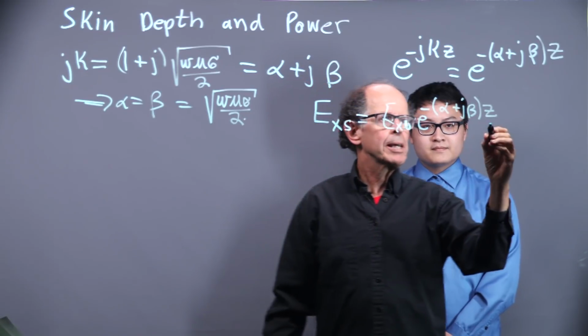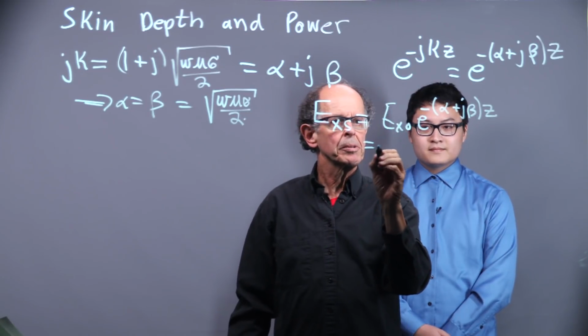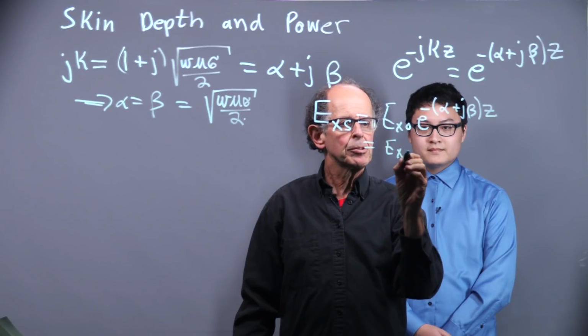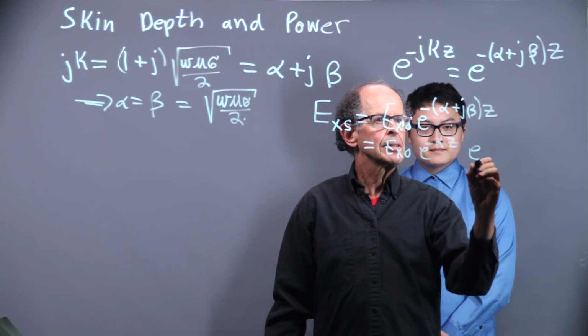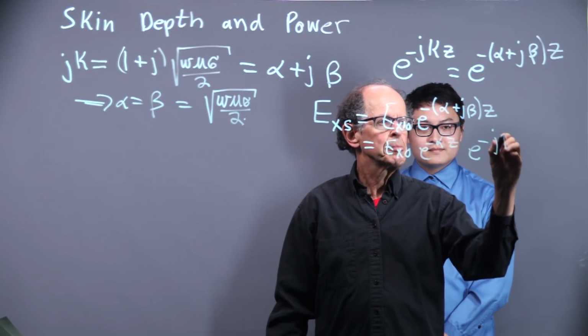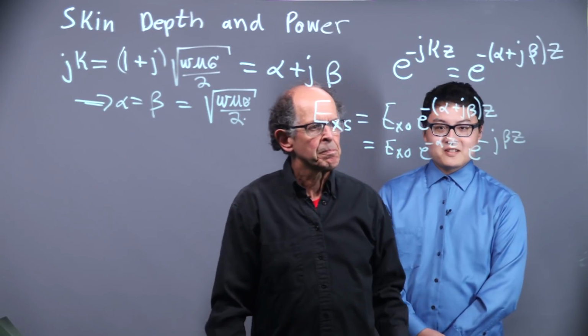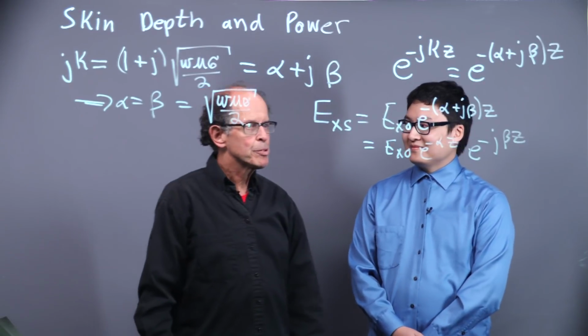Now we can expand out the exponent, so we have an amplitude term that's decaying and e to the minus j beta z. This looks familiar from transmission lines, right?